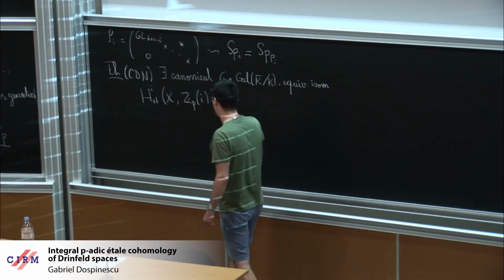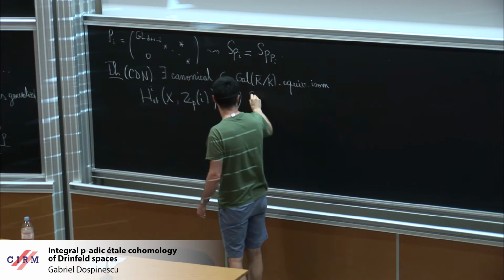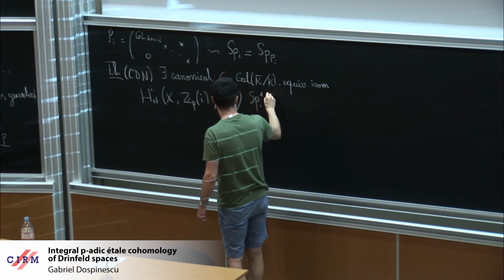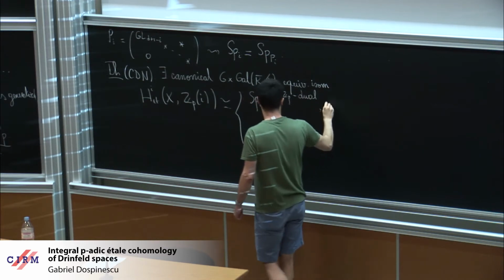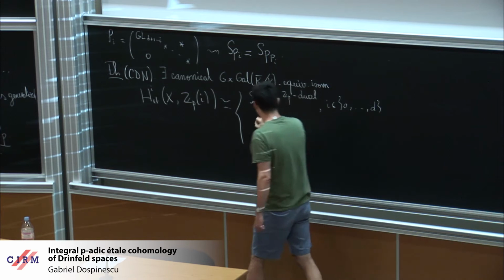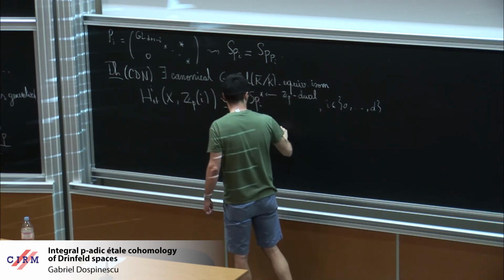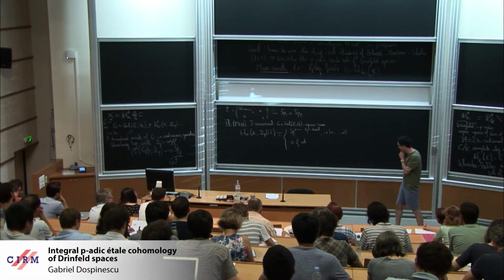So this is a Tate twist. And this is the same as, well, you take the Z_p dual of a generalized Steinberg representation if i is between 0 and d, and it's 0 if not. So the answer is very simple in the end.